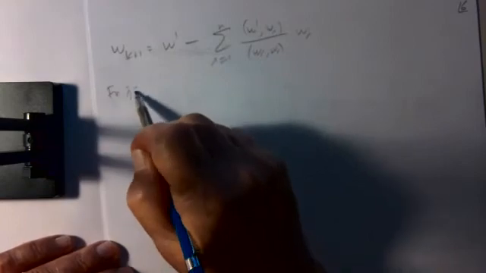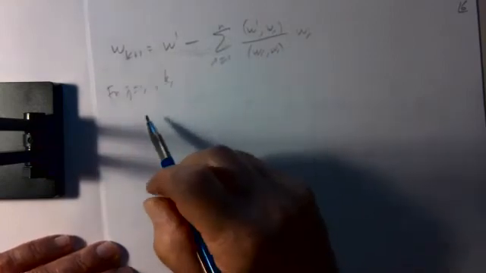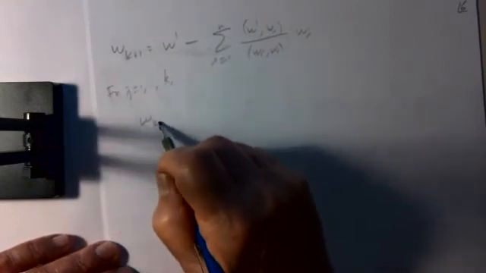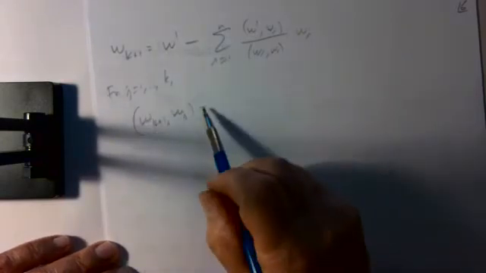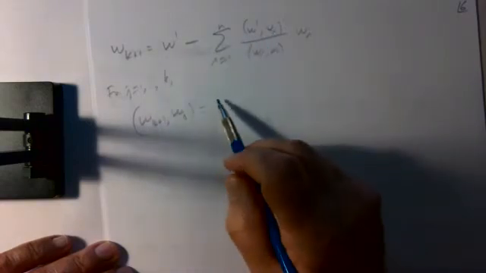And for every j from 1 up to k, I want to show that the inner product of w_{k+1} and w_j is 0. So this is w_{k+1}.